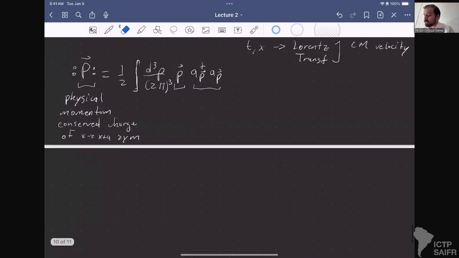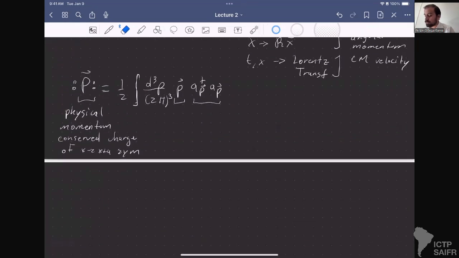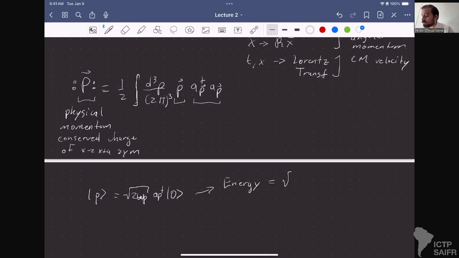So that means that these states that I talked about before, these p states defined as square root of 2 omega p, a dagger acting on the vacuum, they have energy equal to the square root of p squared plus m squared, and they have momentum equal to p.